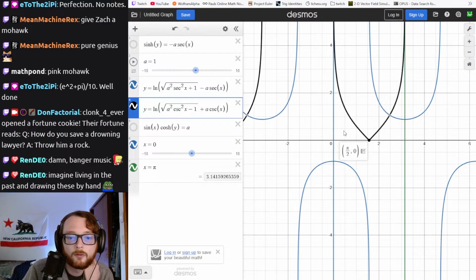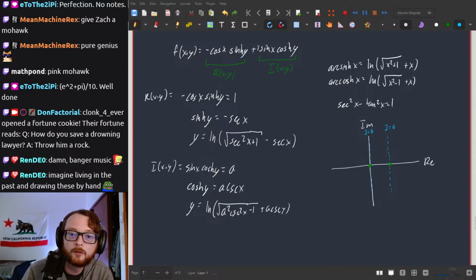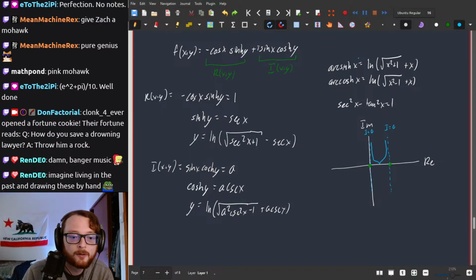Yes. It's kind of weird there's a little non-differentiable point right there. Okay, so that should be enough for the imaginary contours.